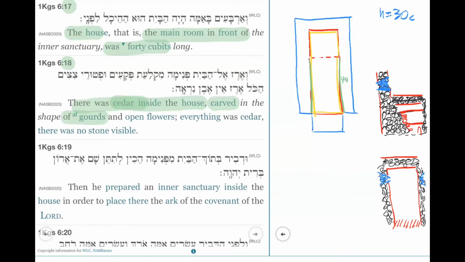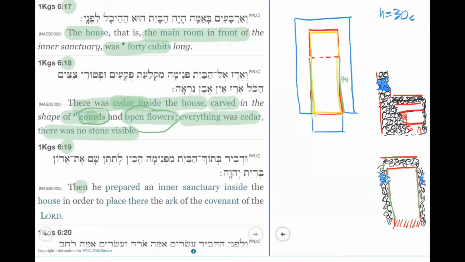Now, gourds would be knobs. Open flowers are just flowers, and everything was cedar, and there was no stone visible, basically telling us that the boards on the inside here are carvings. So they carved pictures onto the walls.